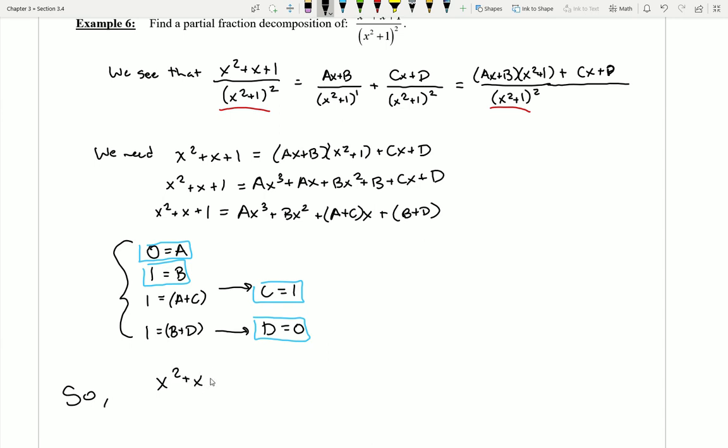So we can actually quickly solve for all these values, and then we know that (x squared plus x plus 1) over (x squared plus 1) all squared actually does turn into ax plus b, excuse me. So that's 0 x's plus 1, or I could just write that as 1 over my x squared plus 1 all to the first, and then I'm going to have 1x plus 0, or just x, over my x squared plus 1 all squared.